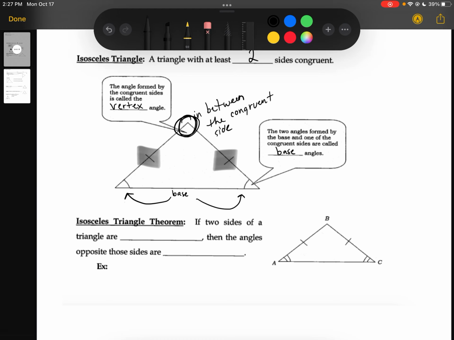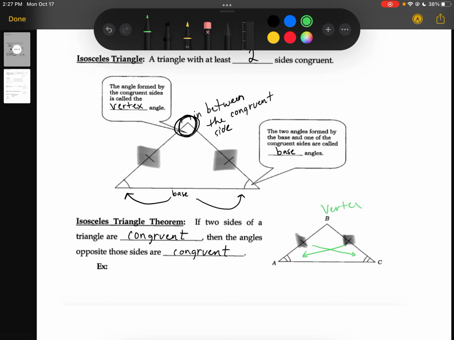So using all these things together, we have a theorem, and it says that if two sides of a triangle are congruent, then the angles opposite those sides are also congruent. Our example is off to the side here. We have two sides that are congruent, so it tells us the angles directly across from those sides, angles A and C, we can also say with certainty are congruent.